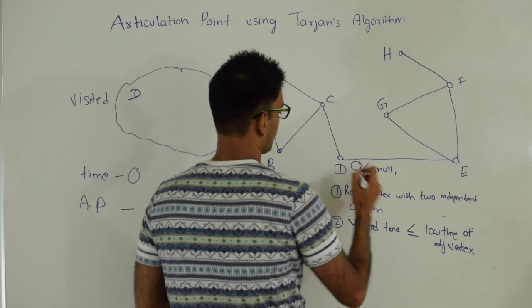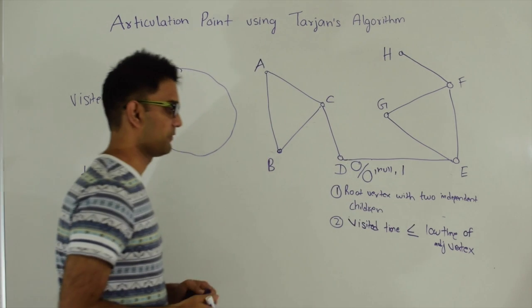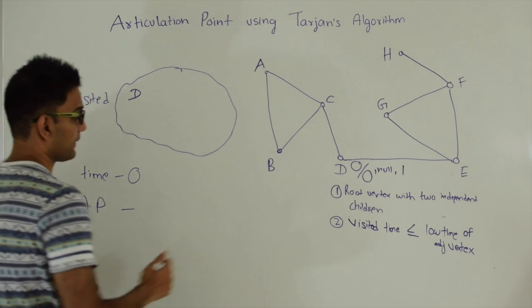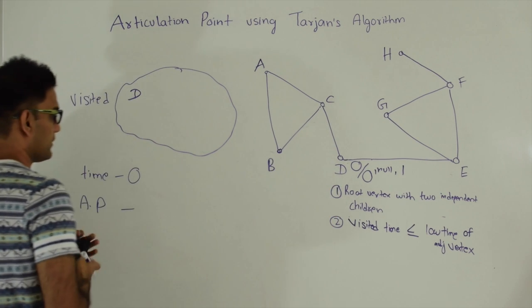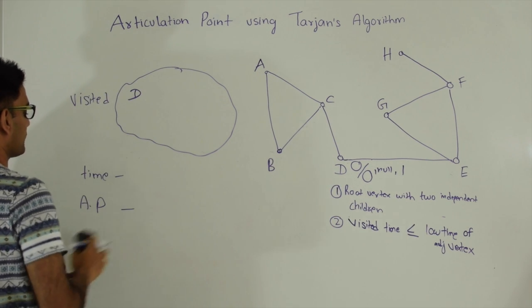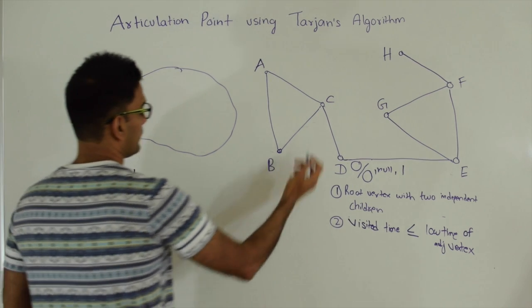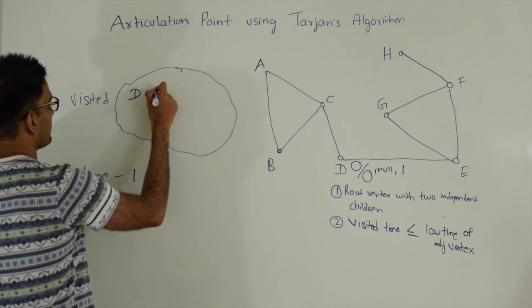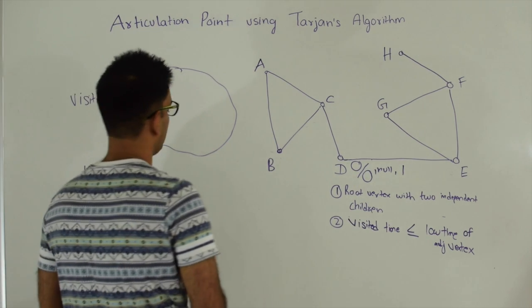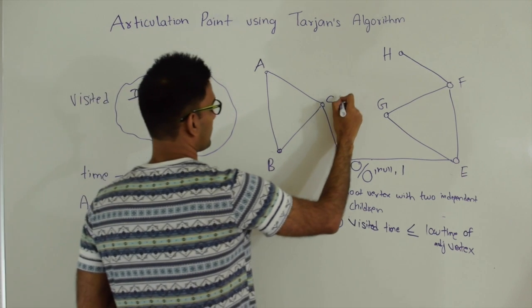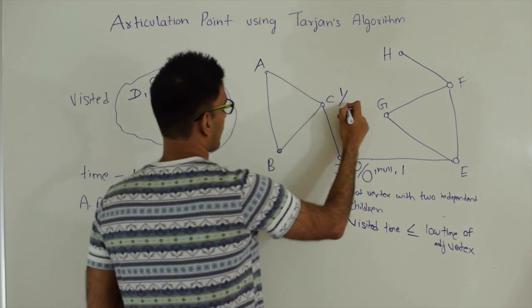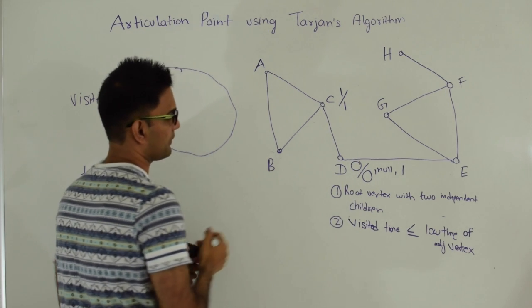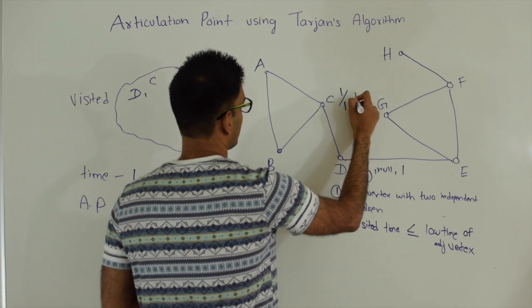And then it has at least one child C, so the count of children will be 1. Then we go from D to C. Before going there, we'll increment our time, so time becomes 1. C is not in visited, so we'll add C to visited. Then the visited time of C will be 1, which is the numerator. The low time will also be 1, which is the denominator. The parent of C will be D.